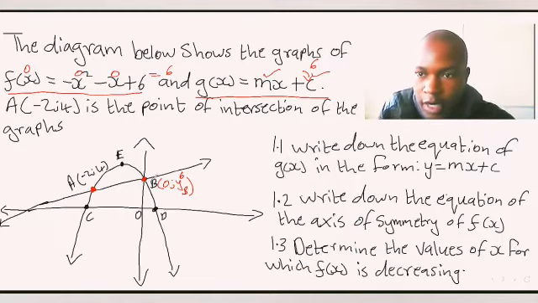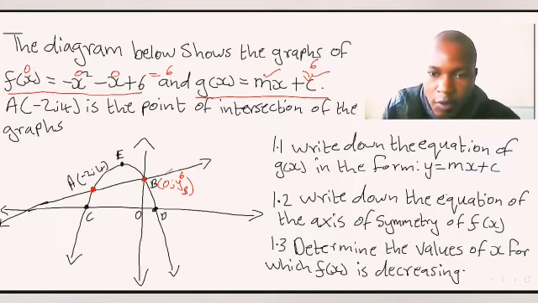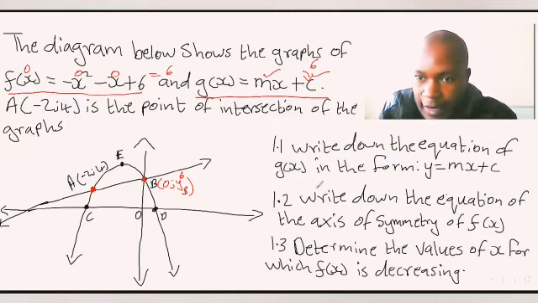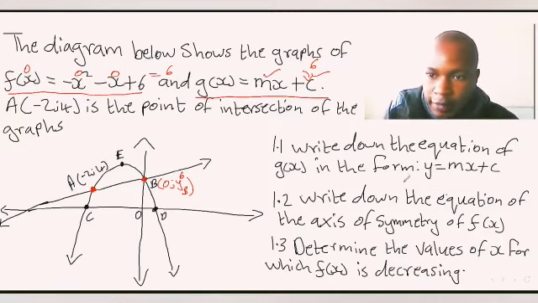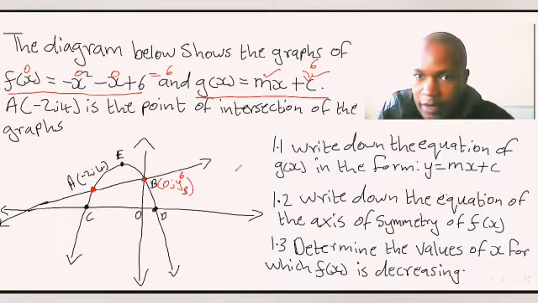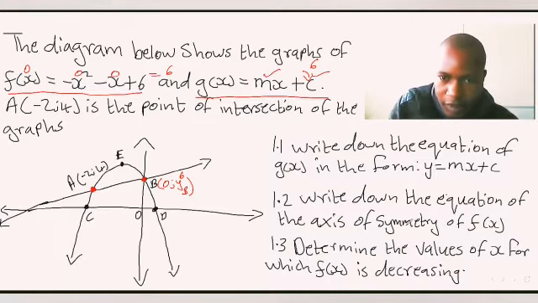So now let's look at 1.1. 1.1 wants us to write down the equation of g of x in the form y equals mx plus c. So we need to find the m, and we've somewhat already found the c. So let's move on over to the next page for us to be able to do so.